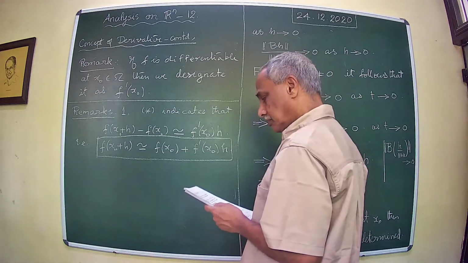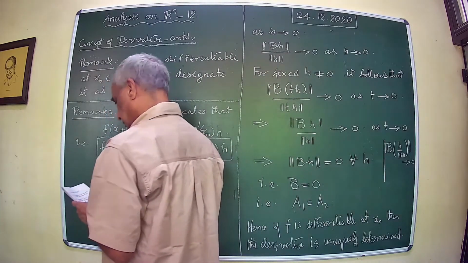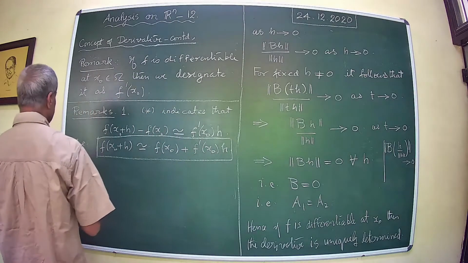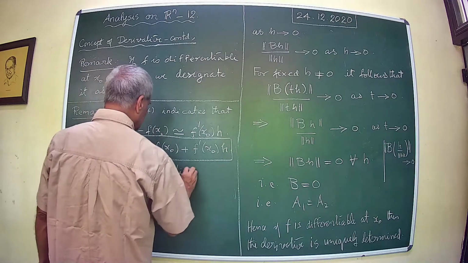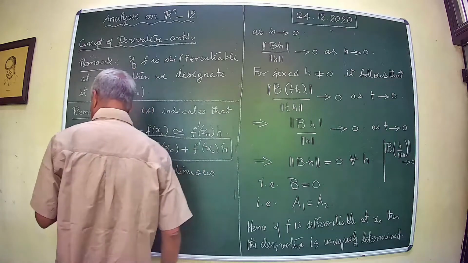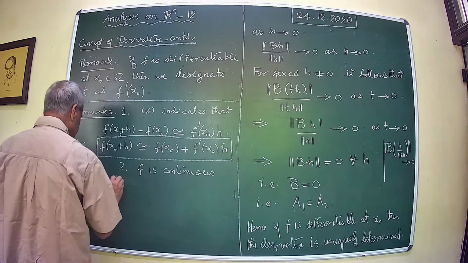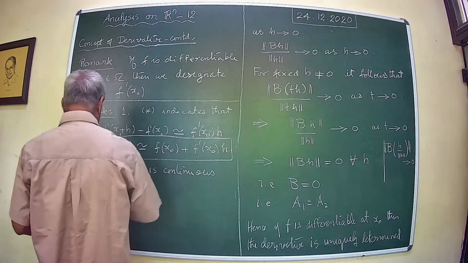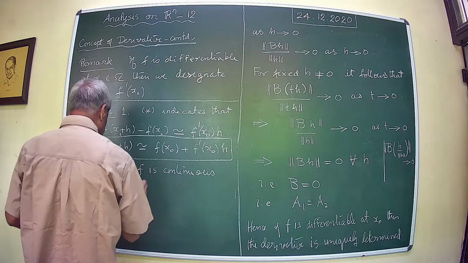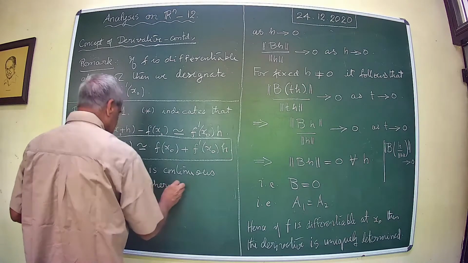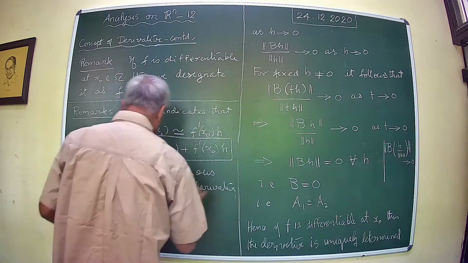The second remark is this. F is continuous at any point x naught where the derivative exists.